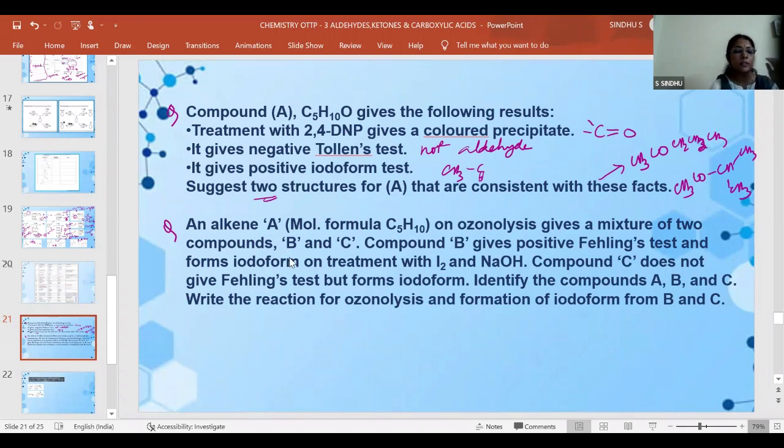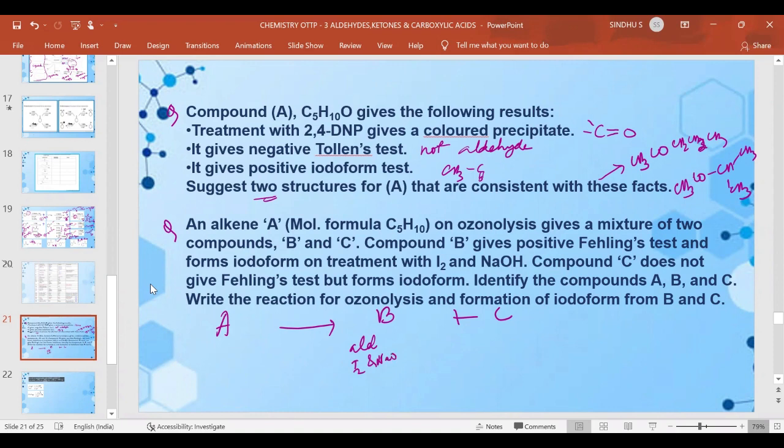And coming on to this one. So alkene A giving B and C. B is giving positive Fehling's and forms iodoform. So it's an aldehyde and also answering the iodoform test. Compound C is not giving Fehling's test but forms iodoform.